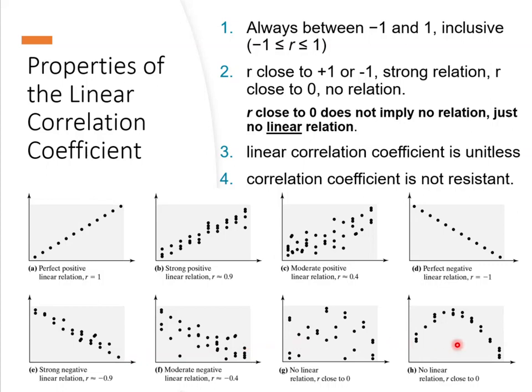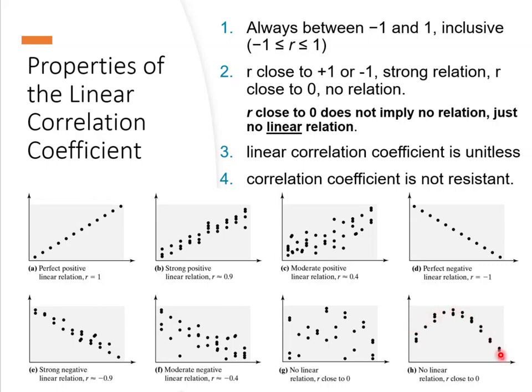And then these last two are showing us what it looks like when you have an r value that's close to 0. Here in graph G, you'll notice that this doesn't look like anything. It just looks like a bunch of dots up there. There's no definitive linear shape that you can identify. So we would say that this has an r close to 0. However, in the very last graph, I have something that looks like a curve.